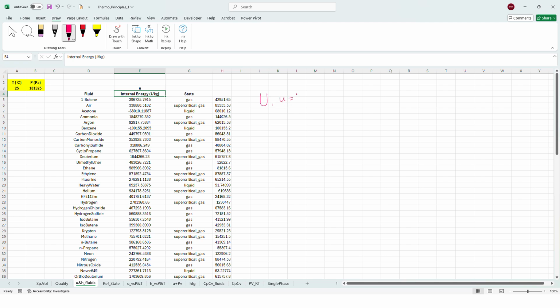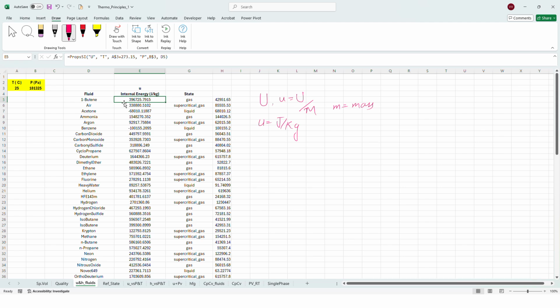So this specific internal energy is U over M, where M is the mass. The units are joules per kilogram. In CoolProp, the symbol is capital U, but what they mean by that is small u. It's actually joules per kilogram, right? There's plenty of ways you can get confused here, but let's try not to.